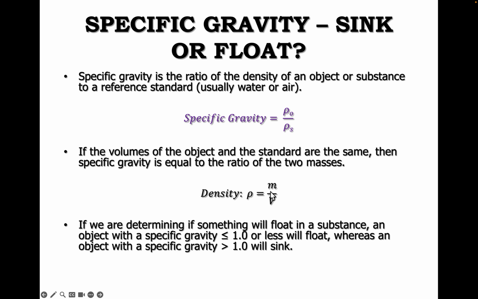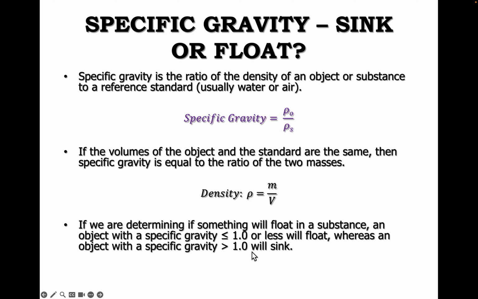if we take a look at this fraction here, if the fraction ends up equaling a specific value that is less than or equal to 1.0, that particular object is going to float. Whereas an object with a specific gravity that is greater than 1.0 will sink.